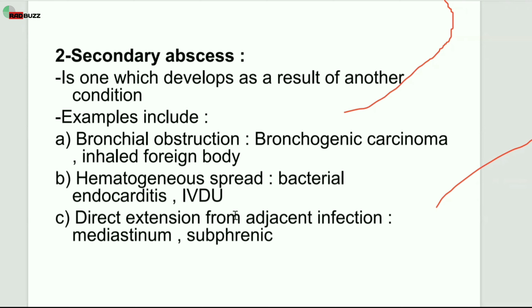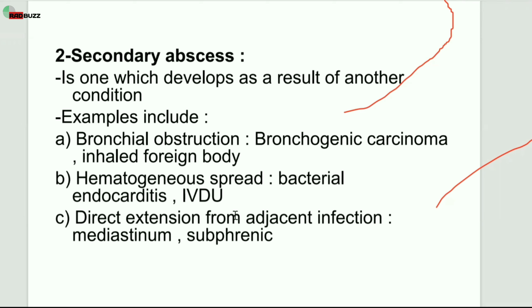If you remember, I had a lecture on neck spaces, where there was a danger space from where the infection can travel down from the posterior nasopharyngeal area to the mediastinum. So that can be one route, direct extension from the neck. Second is anteriorly from the superior mediastinum, from the thyroid area to below the thymus and mediastinum extension.